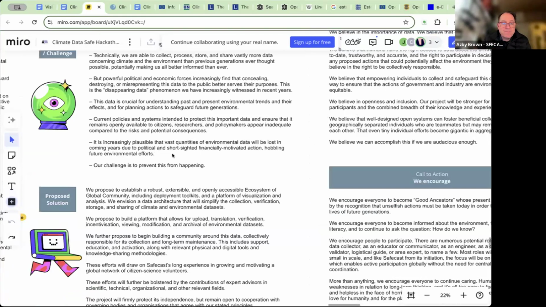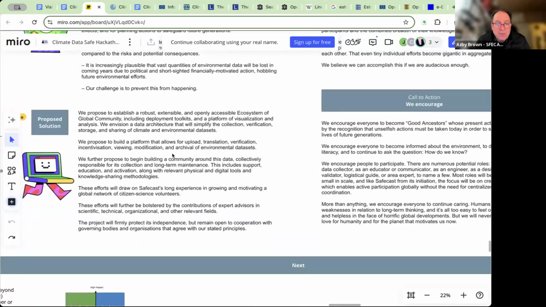Then proposed solution. We propose to establish a robust, extensible, and openly accessible ecosystem of global community, including deployment toolkits and a platform of visualization and analysis. We envision a data architecture that will simplify the collection, verification, storage, and sharing of climate and environmental data sets. We propose to build a platform that allows for upload, translation, verification, incentivization, viewing, modification, and archival of environmental data sets. So this is all of us, from all of us in here.